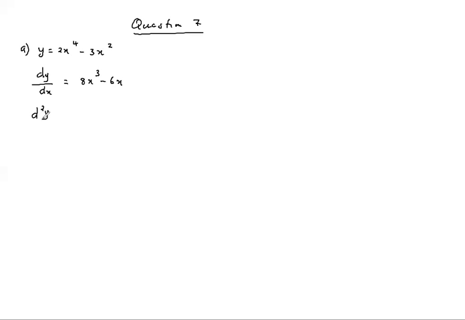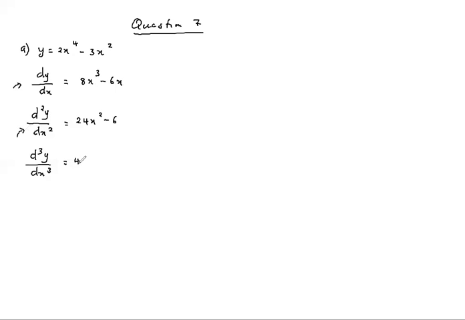To get this, it means differentiating the first derivative. So differentiate the first derivative with respect to x. So it will be 24x squared minus 6. To get the third derivative means differentiate the second derivative.